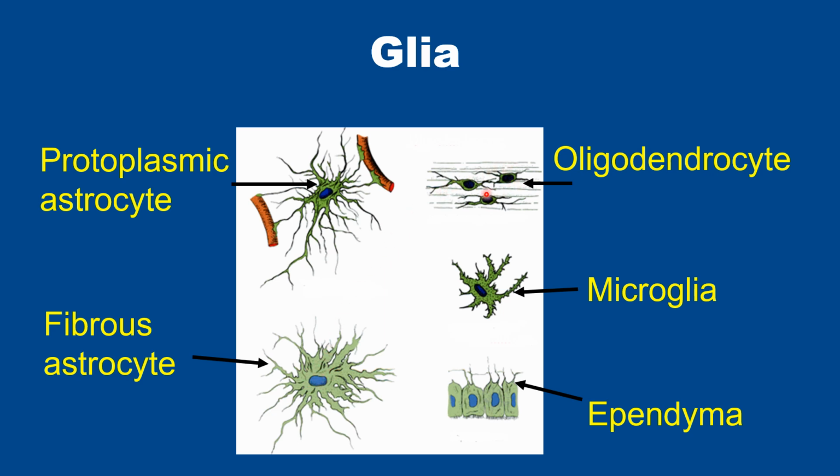The oligodendrocytes lie in between the axons or the nerve fascicles. The microglia are very small and they normally lie along with the blood vessels. The ependyma are also classified along with the glial cells, and they form the lining of the ventricular cavity.